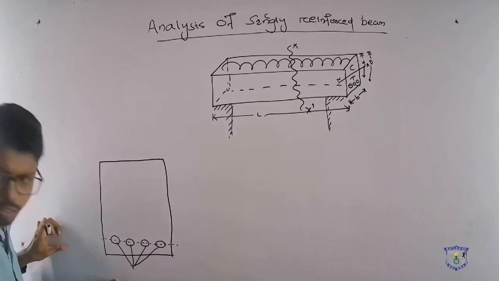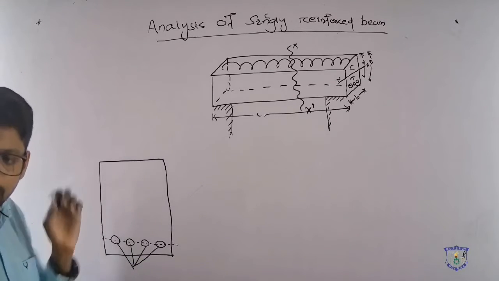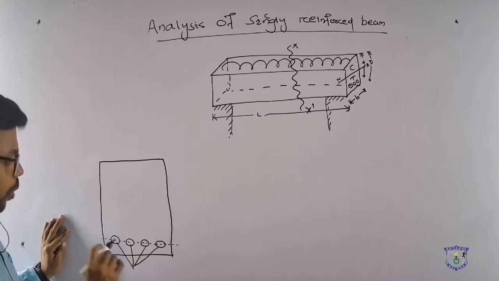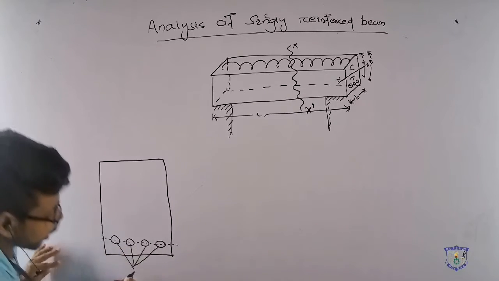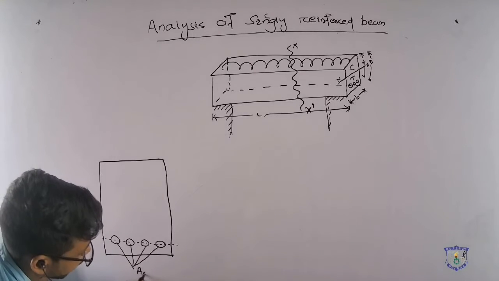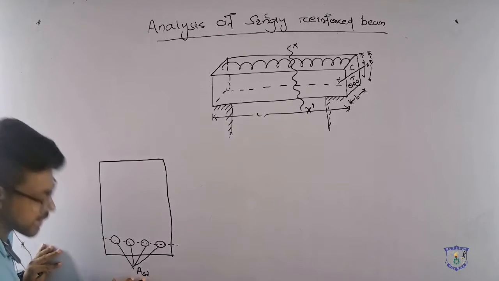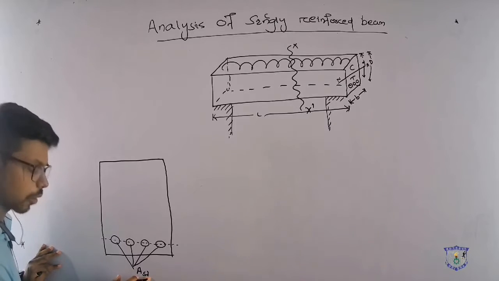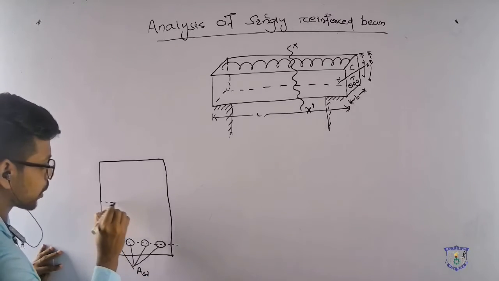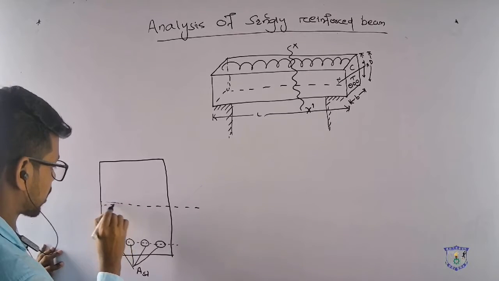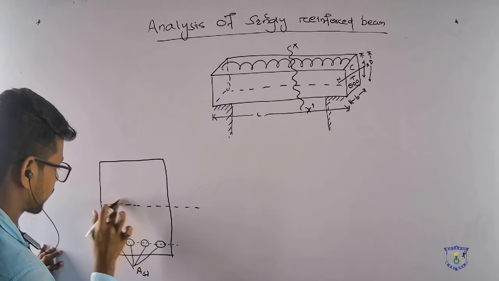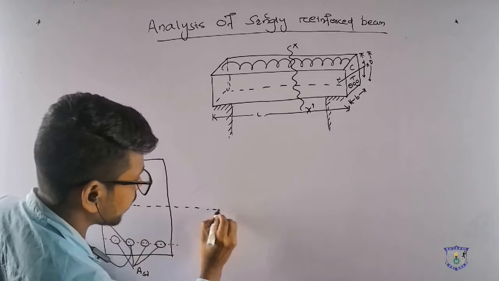So this is the area of tensile reinforcement bar. We can write AST, area of steel in tension zone. This is the neutral axis.